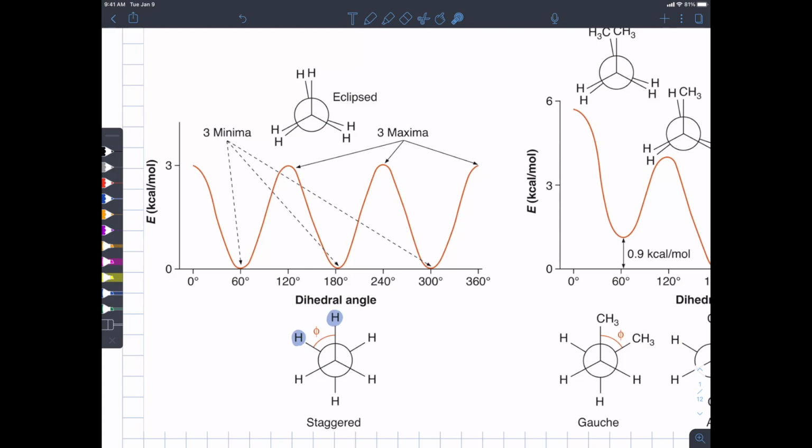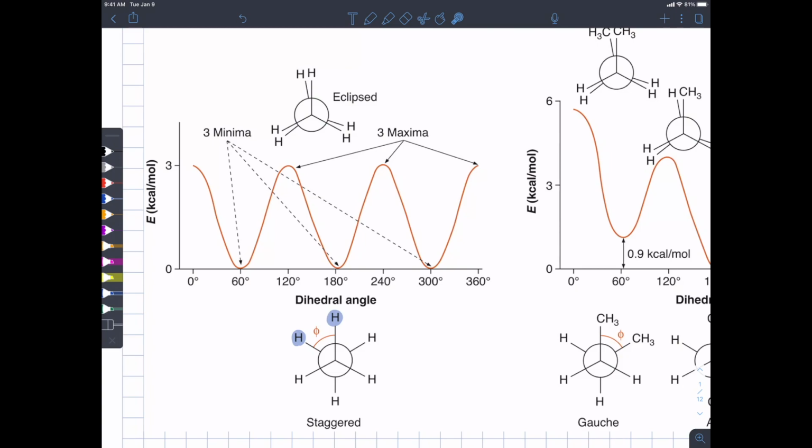And your text shows, and probably in your calculations, what you did was calculate the energy of an eclipsed conformation. To do this, you had to tell it to optimize to a transition state. We'll talk more about that later. That's actually an interesting computational problem, because for something to be a transition state, it's got to be almost exactly like a minimum.